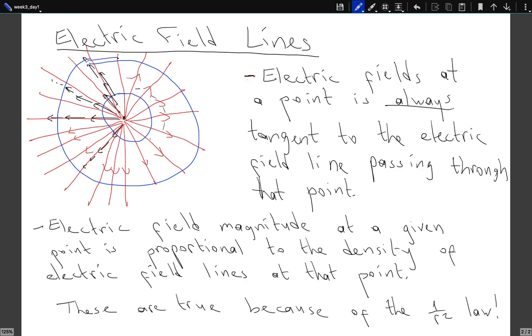So if the magnitude of the electric field is proportional to the density, it already tells me that the electric field should follow a 1 over r squared law. If it were 1 over r cubed, this would not hold.